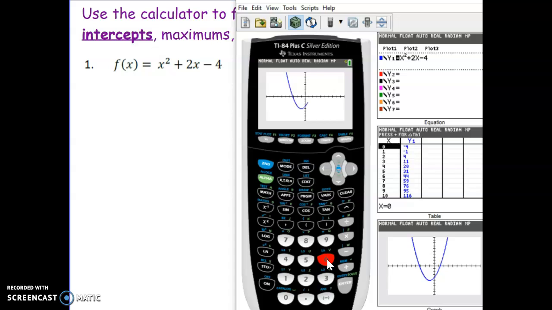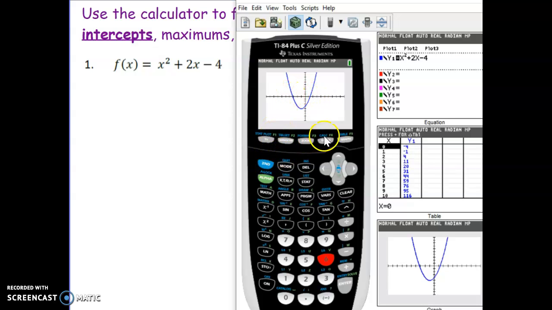Now I've put it back in the standard viewing window of -10 to 10, and now I can see the graph. Well, I can see that this one has 2 x-intercepts here and here, and it has 1 y-intercept right here. So write down the keystrokes that you need to find the x-intercepts.